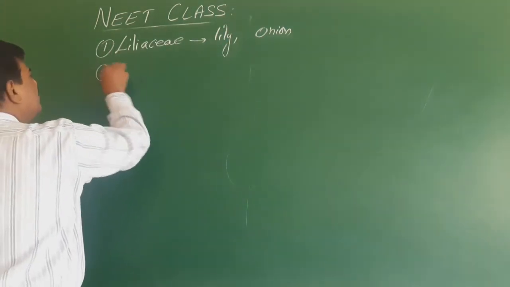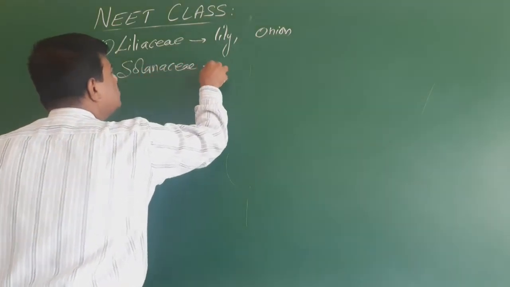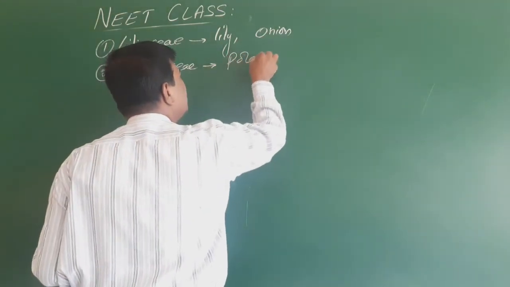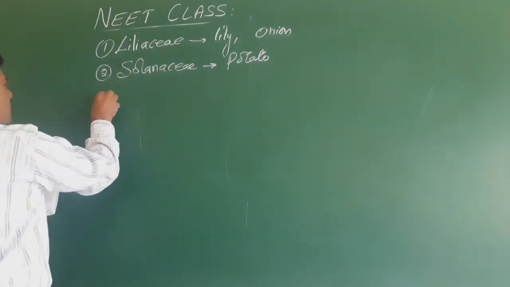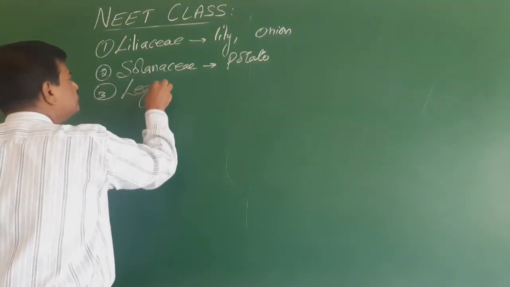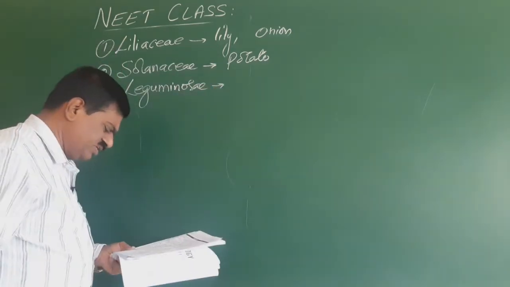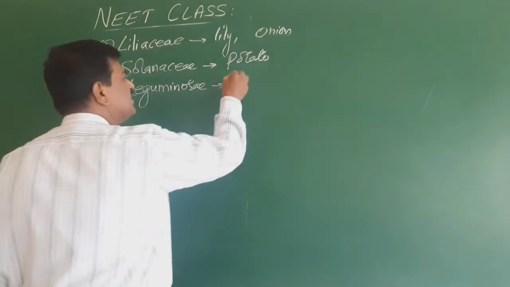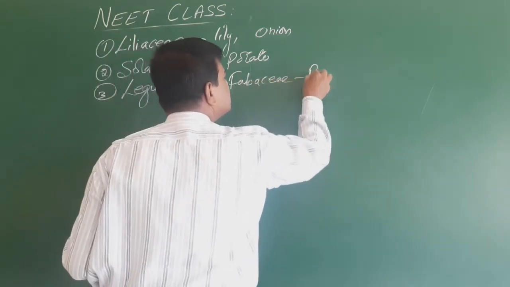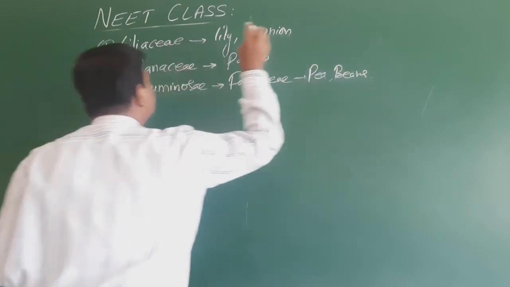The second one is Solanaceae. This Solanaceae is nothing but the potato family. And the third one is Leguminosae. In this Leguminosae, it is called Fabaceae, and in this Fabaceae there is a presence of pea and beans. These are the examples.